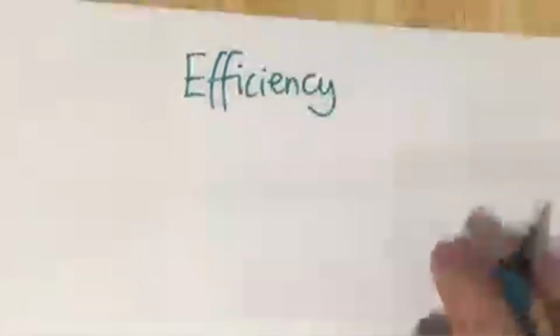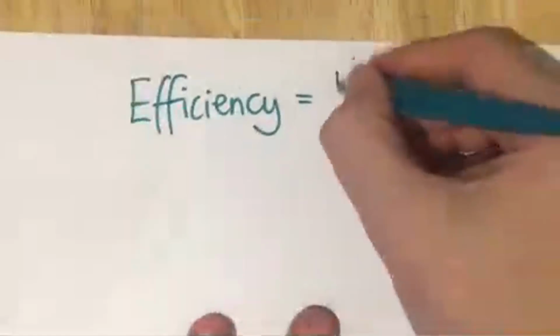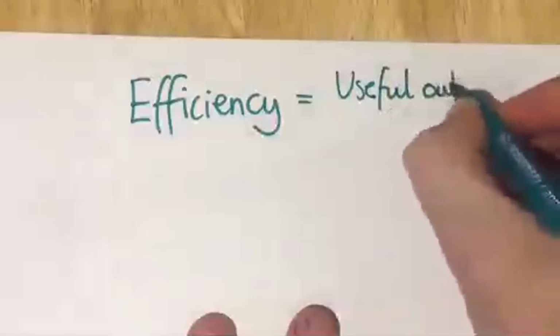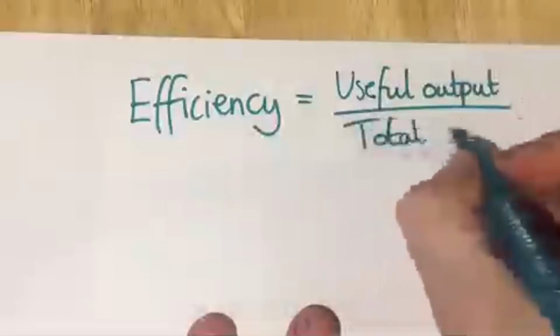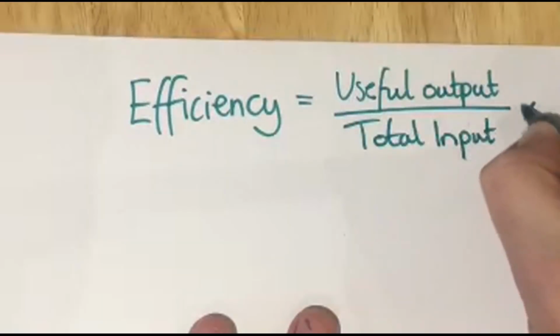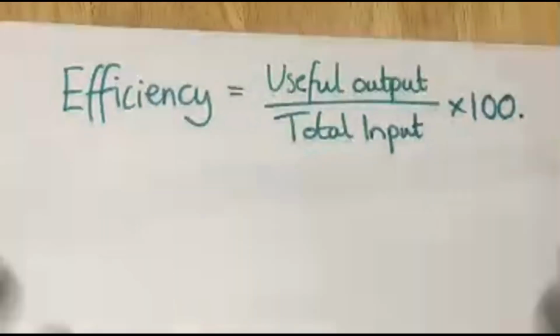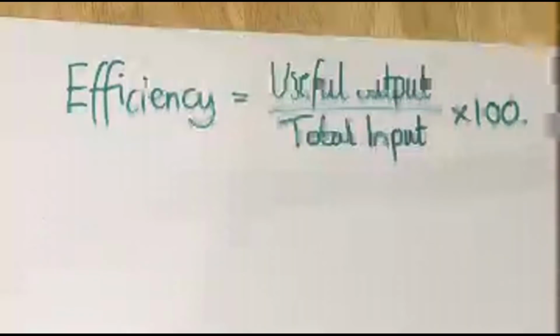Efficiency is your useful output divided by your total input, times by 100 to make it a percentage. It doesn't actually need to be times by 100, but the 100 makes it a percentage.